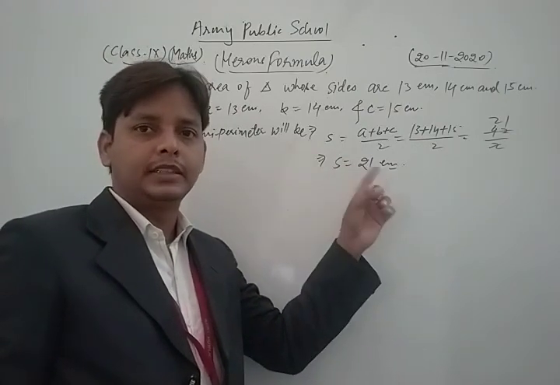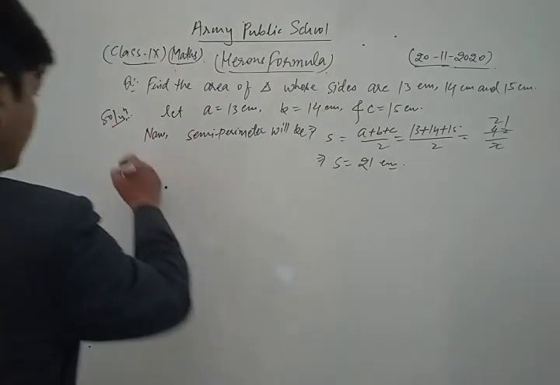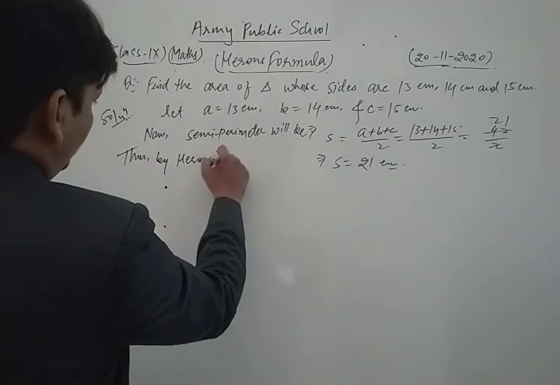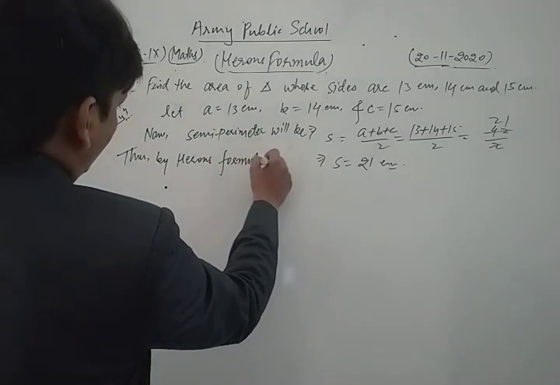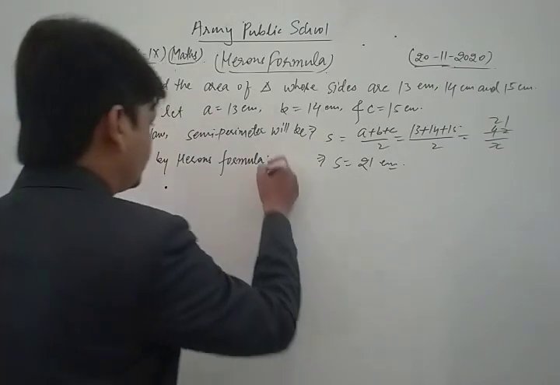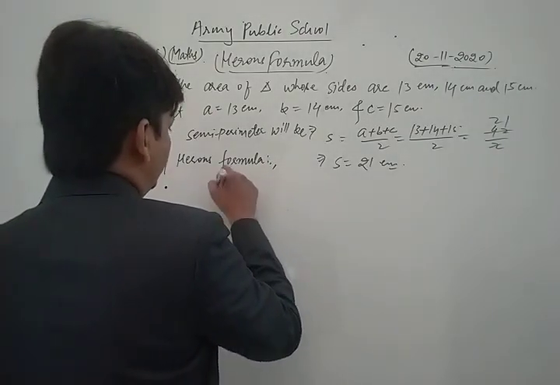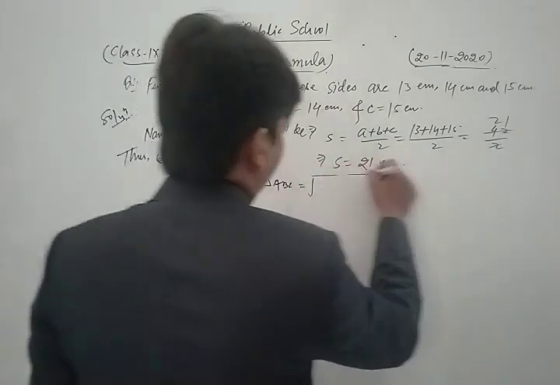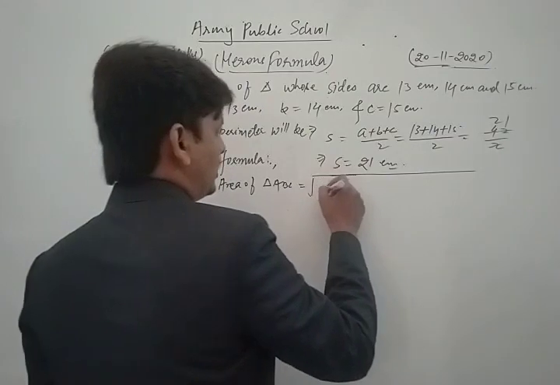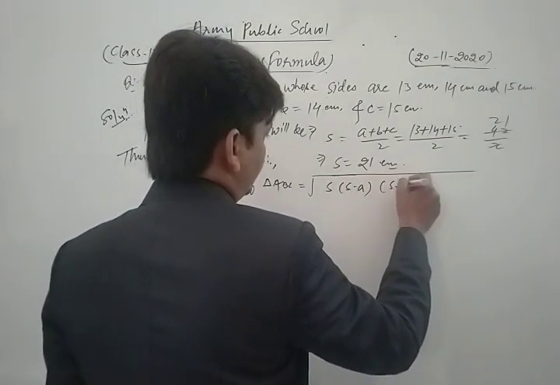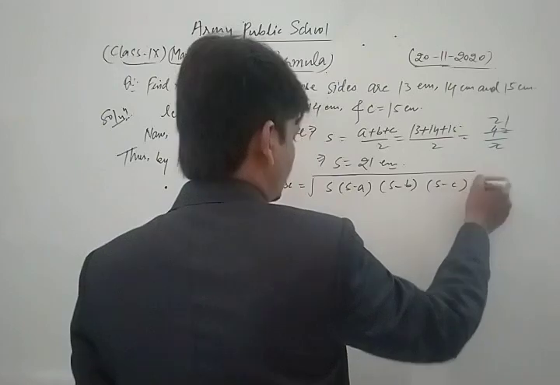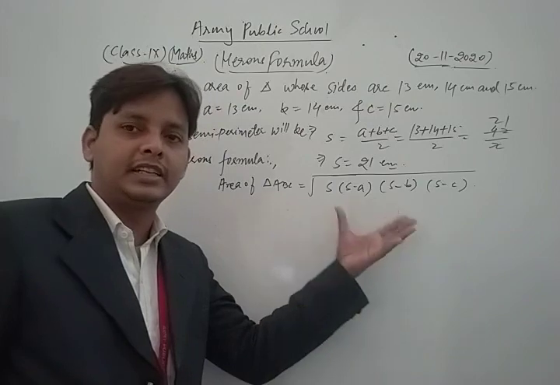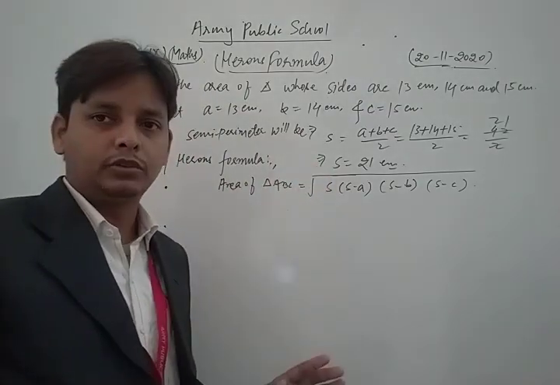Now we apply Heron's formula. Thus, by Heron's formula, the area of triangle ABC will be the square root of S times (S minus A) times (S minus B) times (S minus C). This is Heron's formula to find the area of the triangle. Now we put each and every value in that formula.